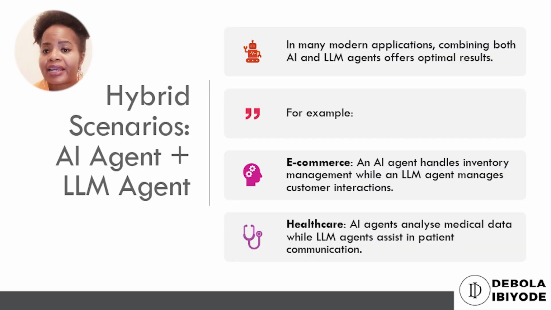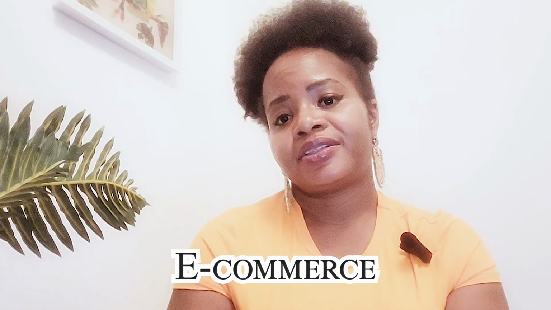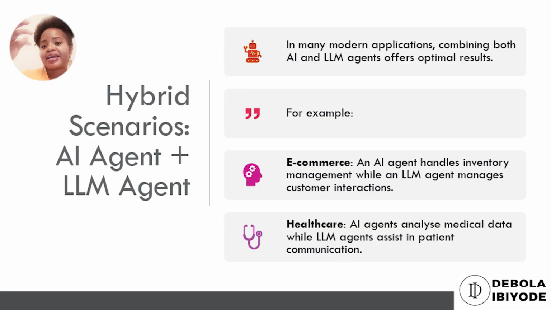Okay. Now, where do we find a hybrid of AI agents and LLM agents, where they both come together? A good example is in e-commerce. You can have the AI agent perform your inventory management, meaning stock management, adding to stock, updating your stock quantities and all of that.